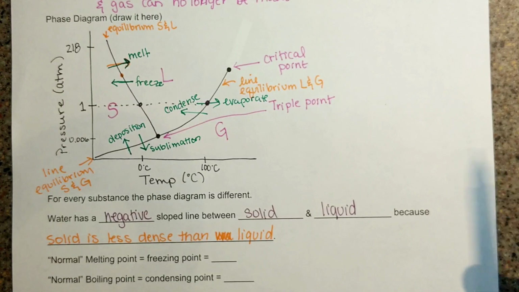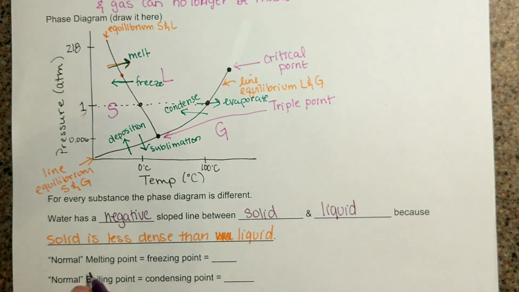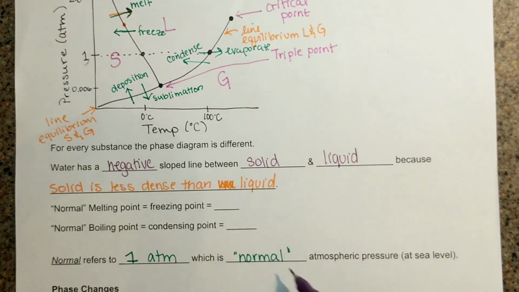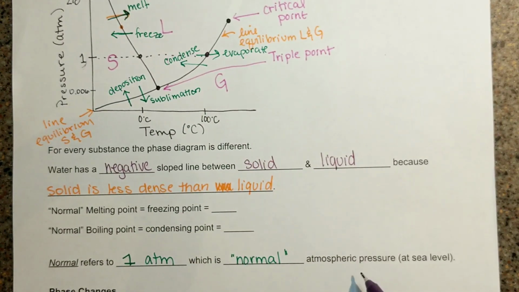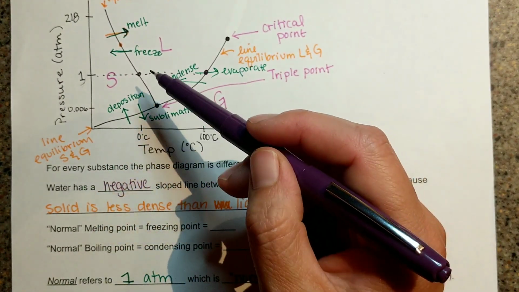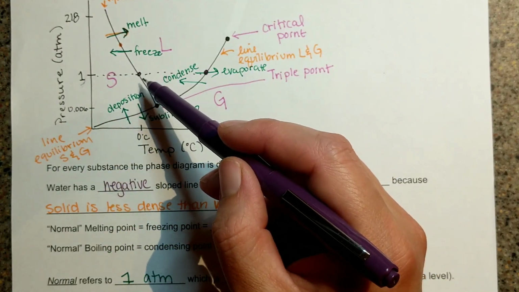I'm going to refer back to this 1 atmosphere here. 1 atmosphere is normal atmospheric pressure. And the temperatures that our lines cross at 1 atmosphere are called normal points.